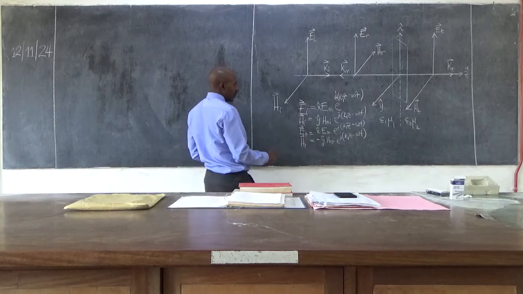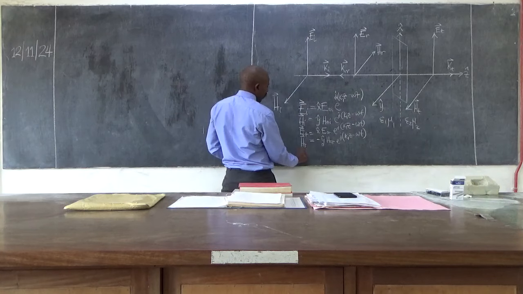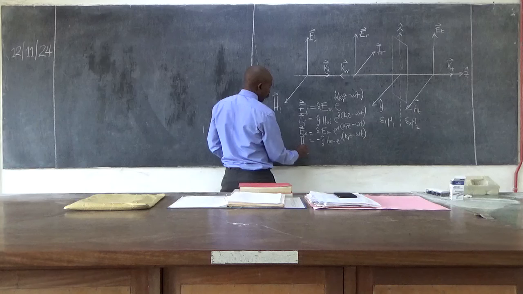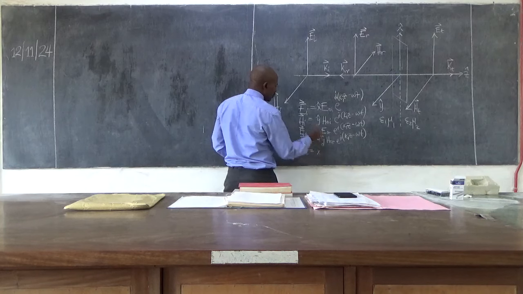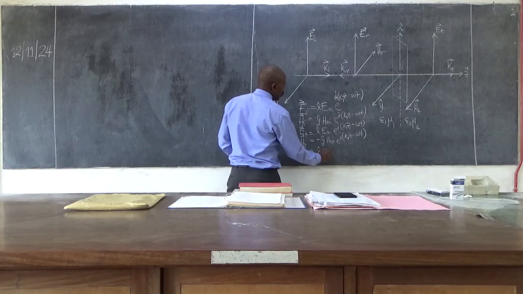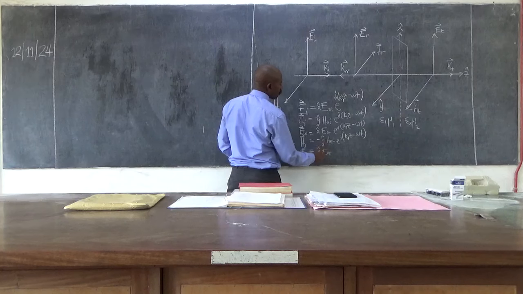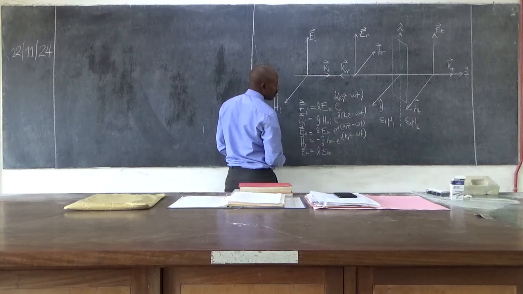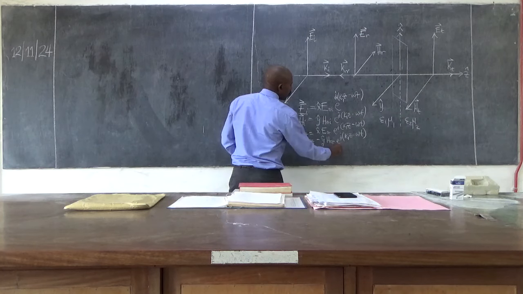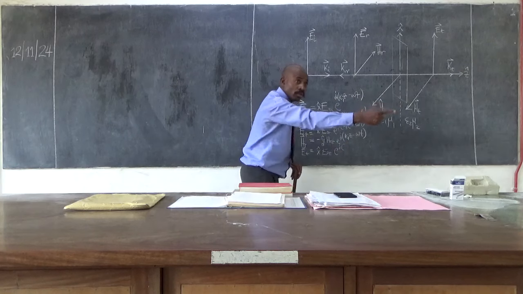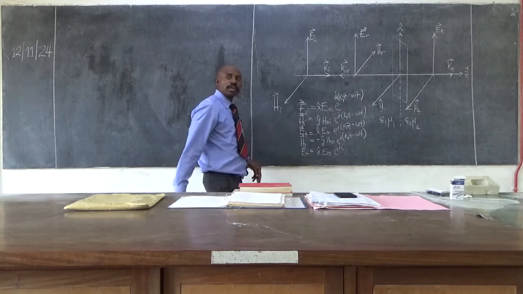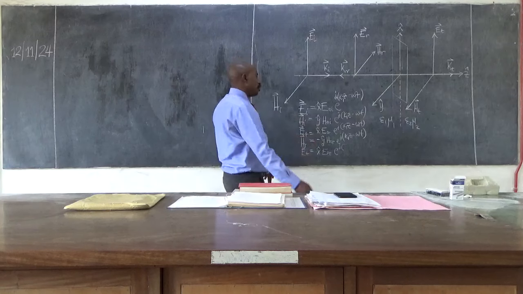And then finally, the transmitted part, E would be still along the x, E naught for amplitude, then T for transmitted, R for reflected, I for incident. And then exponential j. Now we cross, we get transmitted across medium 2.